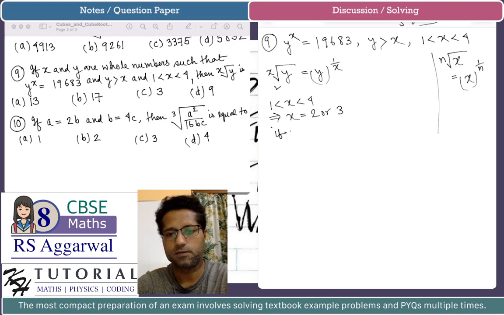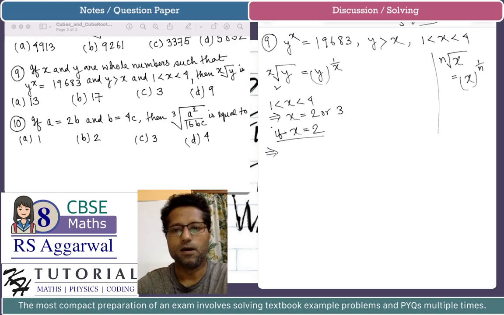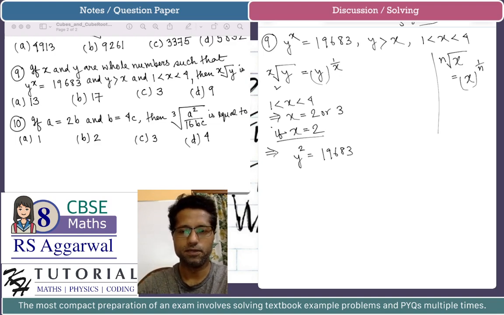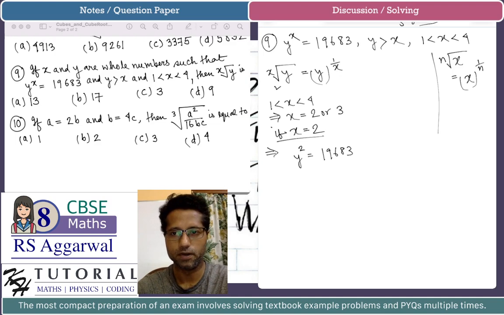Now if x equals 2, if we put it in the given first equation, y square is equal to 19683. Since x is 2, y square is equal to 19683.